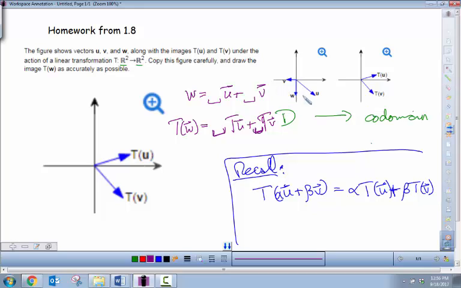So we need to take a look at this and see whether w might be a linear combination of them.